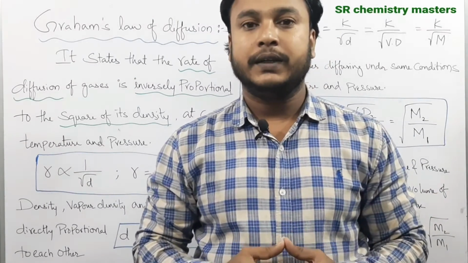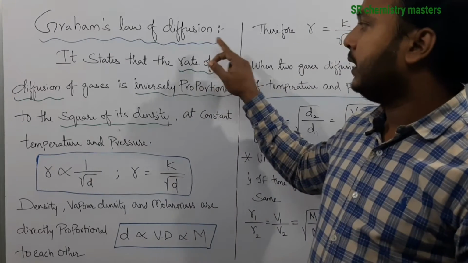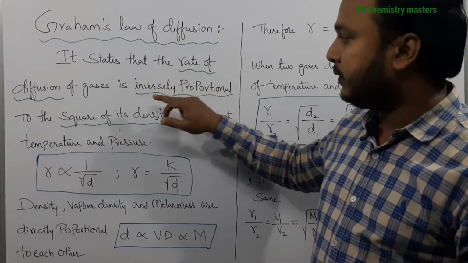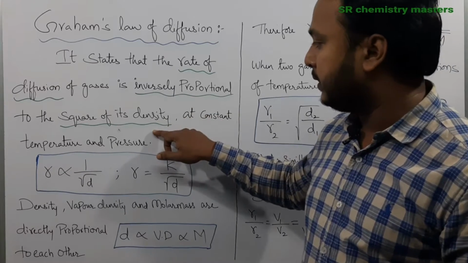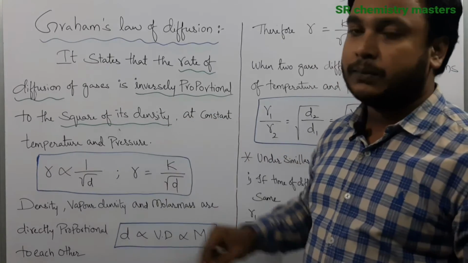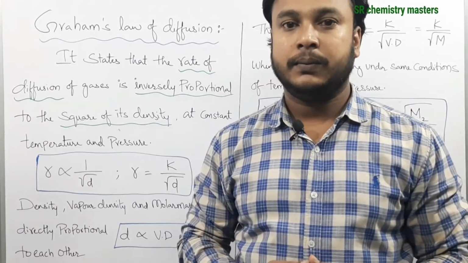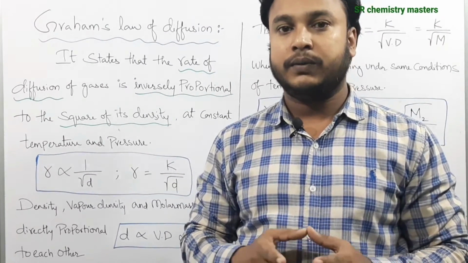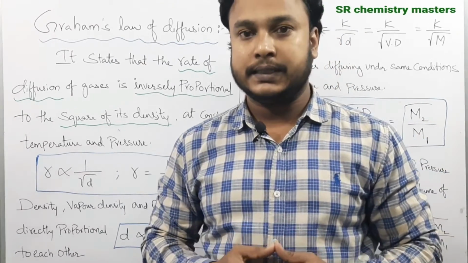First of all, the definition. Graham's law of diffusion states that the rate of diffusion of gases is inversely proportional to the square root of its density at constant temperature and pressure. Whenever the temperature and pressure are constant, the rate of diffusion of a gas is inversely proportional to the square root of its density.